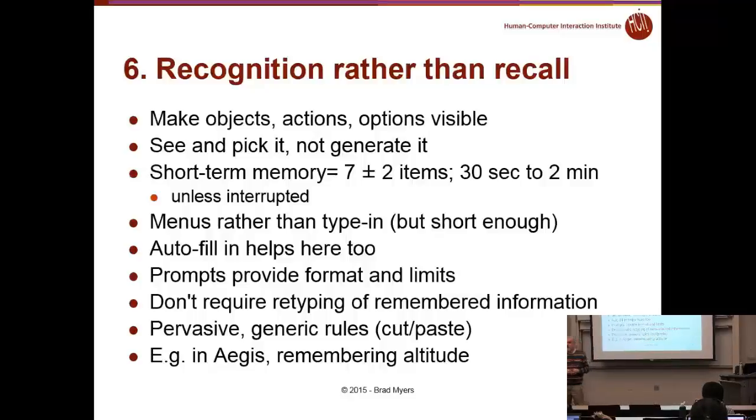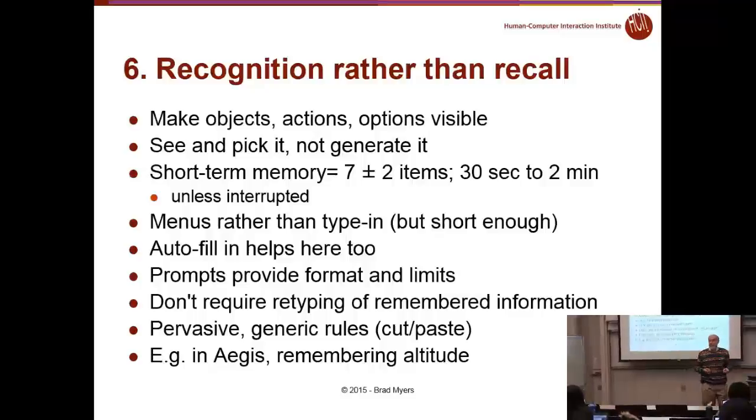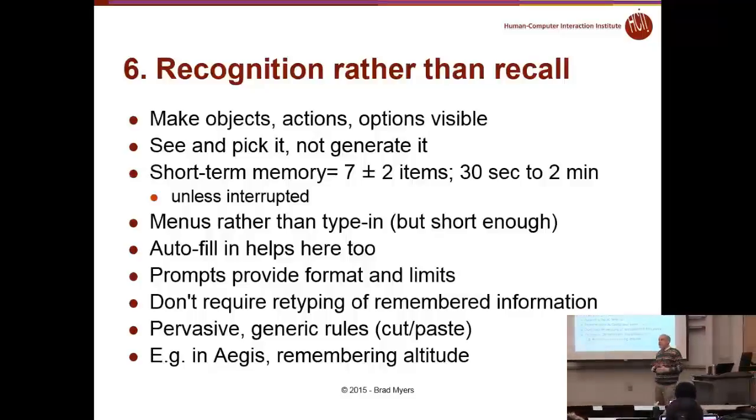So that's another case where this rule is being violated, that we're requiring the user to do a mental computation based on recall rather than just showing them the value and letting them recognize it. And everybody in the class came up with great examples of how to let them recognize whether the plane was going up or down using colors or icons or even just showing the number. It would be a better design to let people follow this guideline.